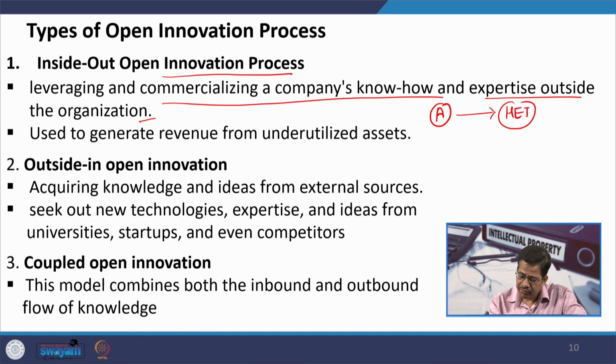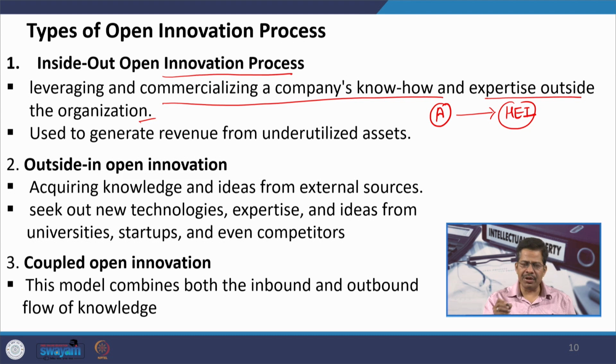For example, I have IP resources available with me, but I am unable to utilize them, and I am giving those IP resources to, let us say, some NGOs or some rural areas. They can be used on a pro bono basis; that is an inside out open innovation activity. I have knowledge, I have resources, and I am using these resources to give benefit to outside innovation.